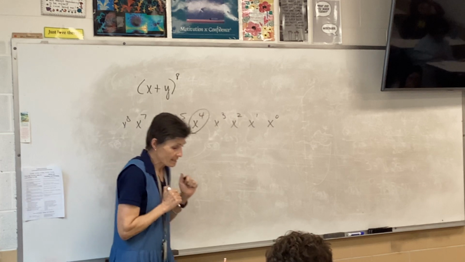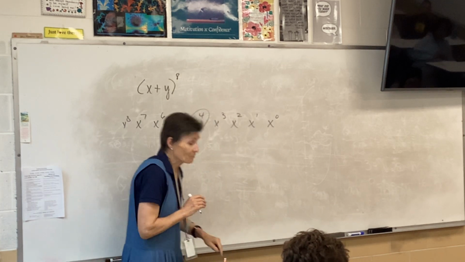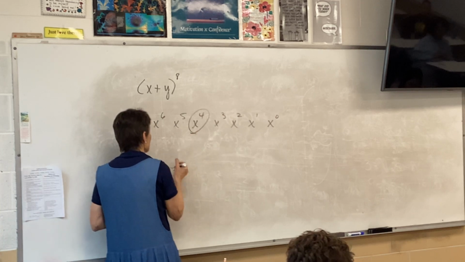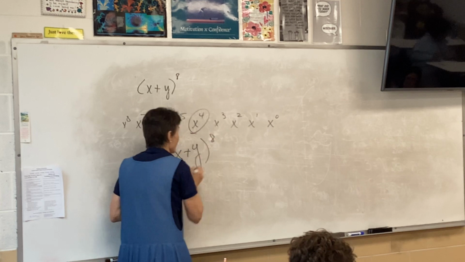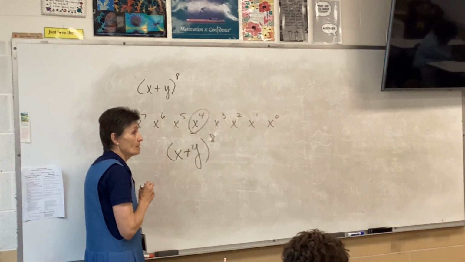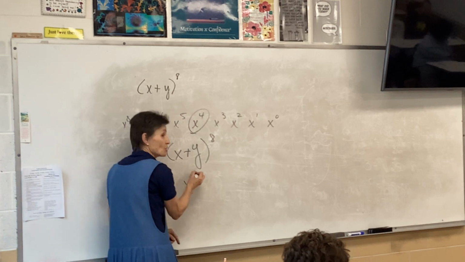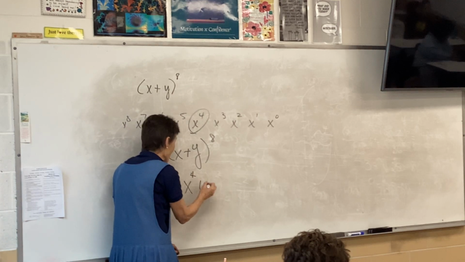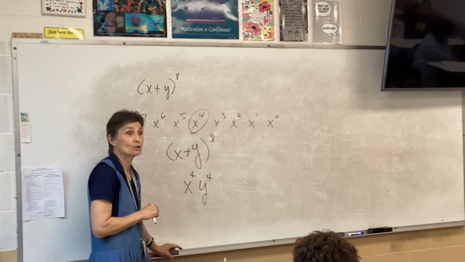So basically, now that I've changed the problem, what I'm asking for is the middle term, the x to the 4th term of x plus y to the 8th. Now we've already figured out the power on x is going to be 4, which automatically means the power on y is going to be 4, because they have to add up to 8.